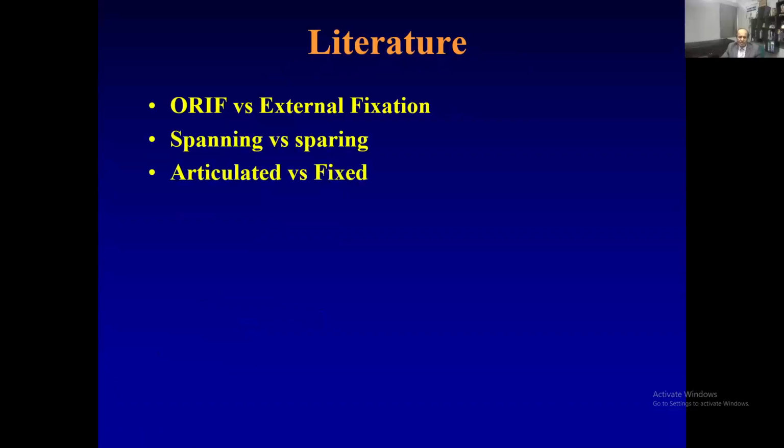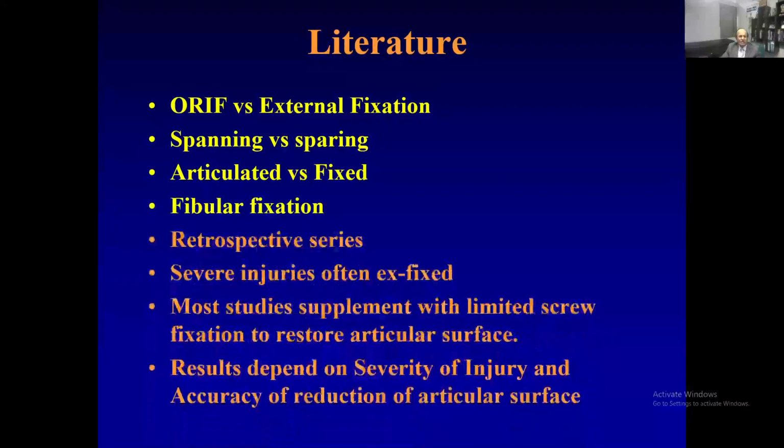Many studies are published comparing different types of fixation and operative methods. Most of these studies are retrospective studies, so no definitive scientific and evidence-based conclusion can be made, and most studies do not compare similar types of fractures with the different treatment methods, and that is another problem in literature about these fractures.